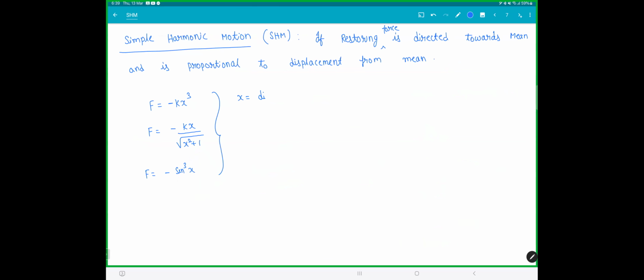So the force depends on x. It could be any kind of x. These are all oscillatory motions. And the negative sign indicates restoring force.